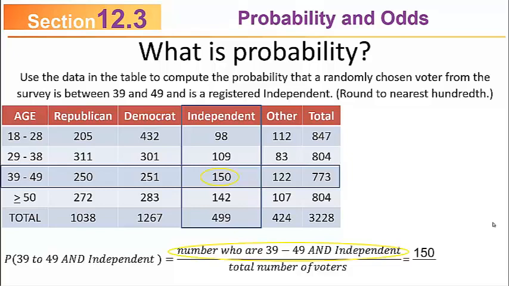So the numerator is 150, and the denominator is everybody, which are all the voters, and as the chart tells you, that's 3,228. And since they ask us to round the answer to the nearest hundredth, that gives us permission to use the calculator instead of just reducing the fraction. If you do that and round it to the nearest hundredth, you'll find the answer is 0.05. In other words, there's a 5% chance of that happening if you just pick a voter out of this group at random.